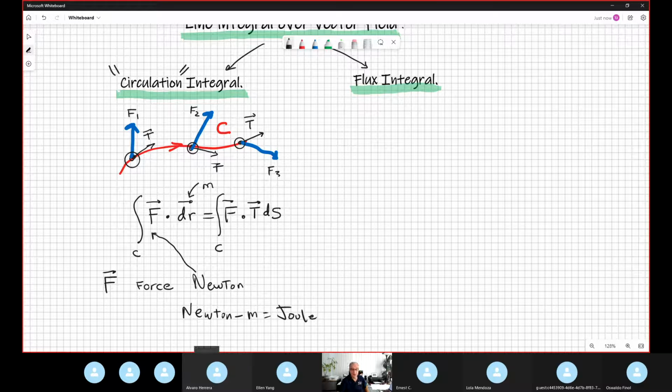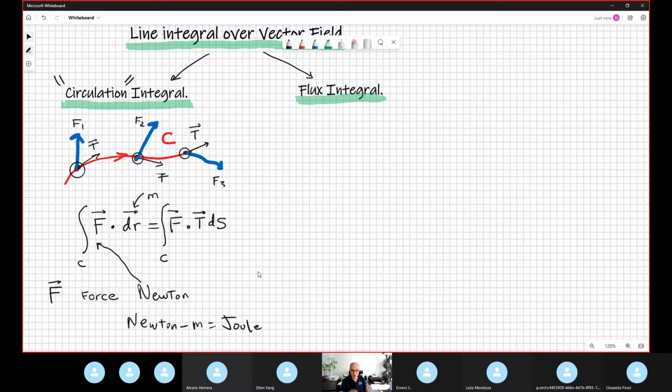Now, we study today a flux integral. This is always confusing. The students don't understand the flux integral very well. Suppose we have again a curve C. And suppose again we have different points.